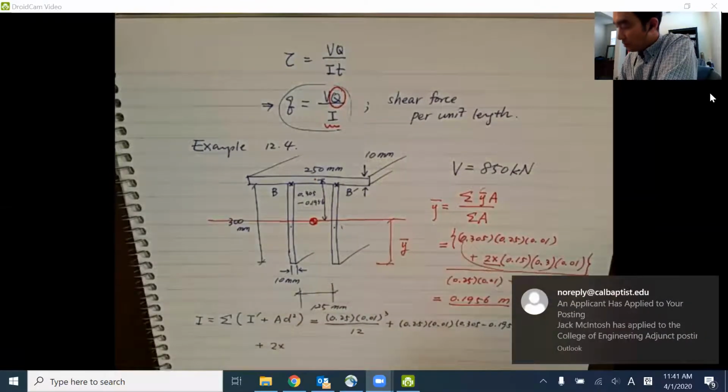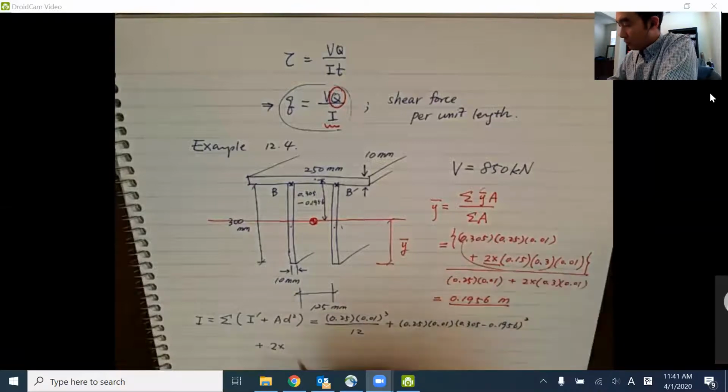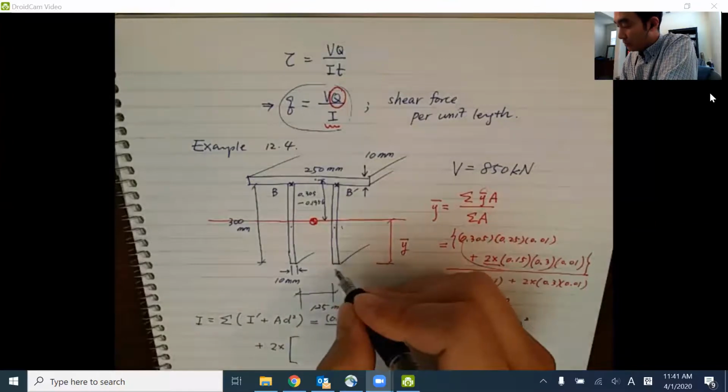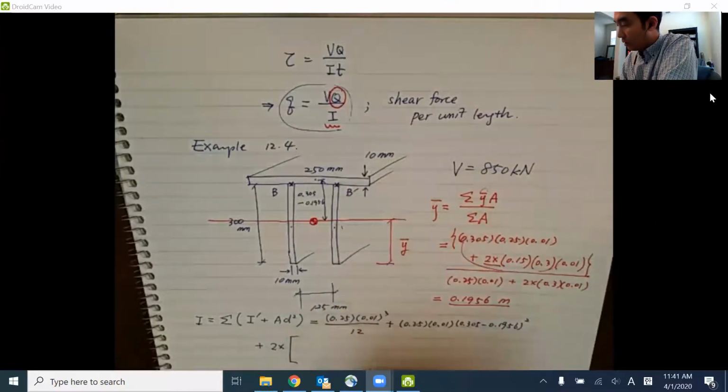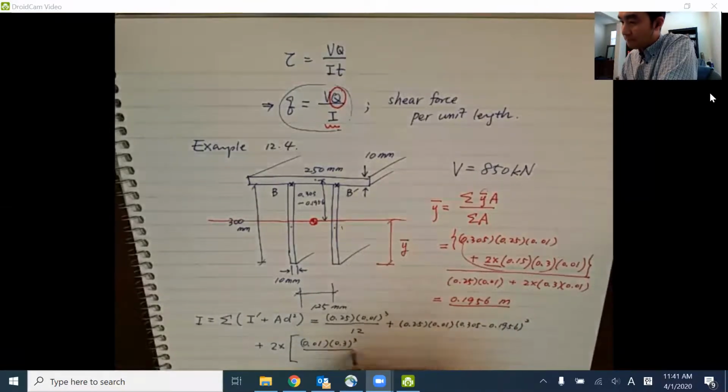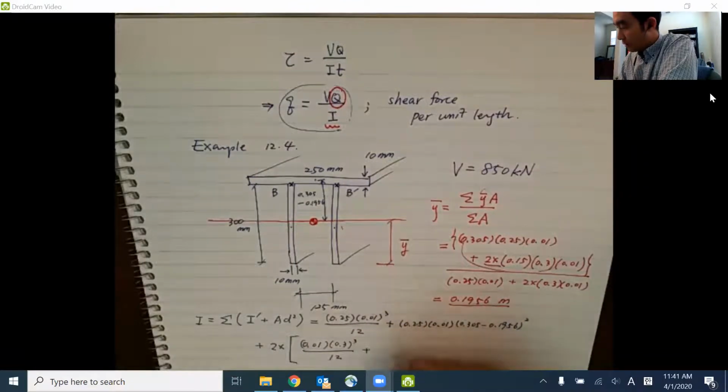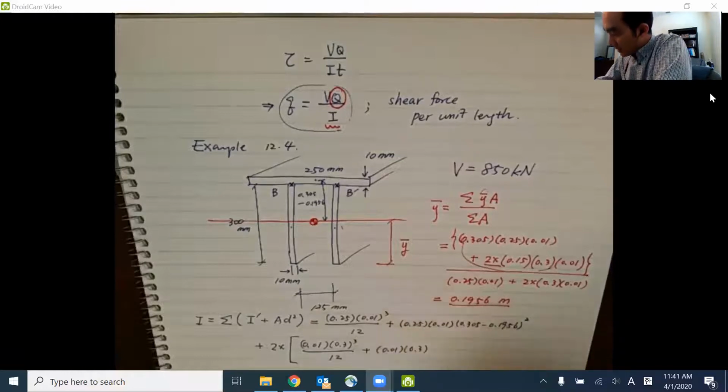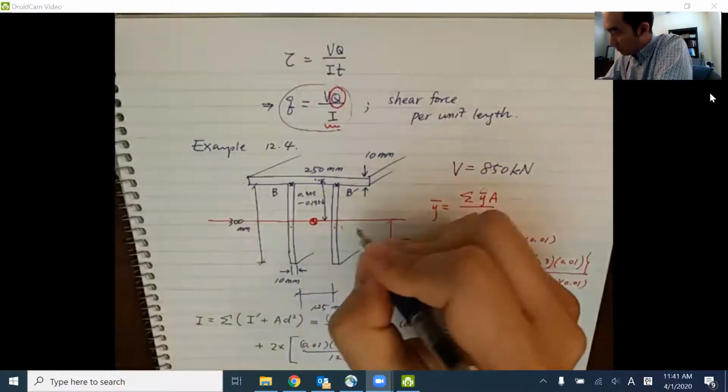So 2 times b h cubed over 12. So b now is going to be 0.01, sorry, 0.01, times h, which is 0.3 cubed, over 12, plus area 0.01 times 0.3, and now d. d is the distance between these two, right?